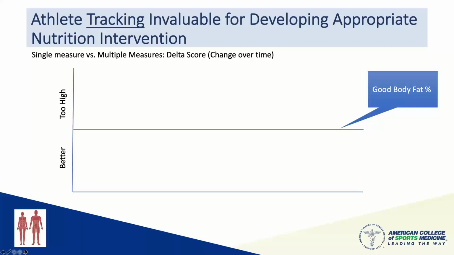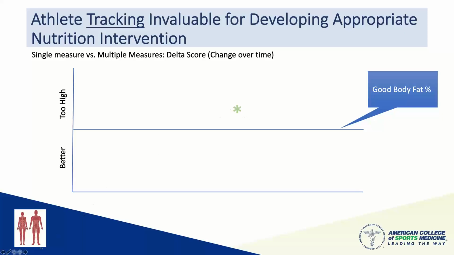It's also very important to make sure before an appropriate nutritional intervention takes place that you have multiple measures. I want you to imagine that you have the mean and the standard deviation for all the athletes on the team, and you find one athlete whose body fat level, let's say, is too high. Now you might be motivated to say, well, your body fat level is too high. We're gonna change what you're doing right now.